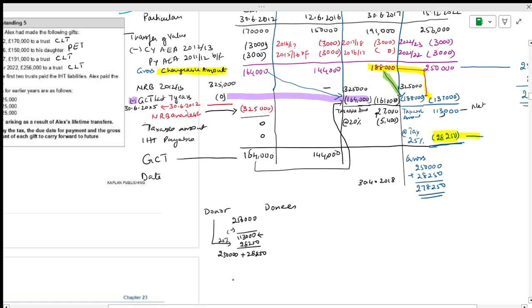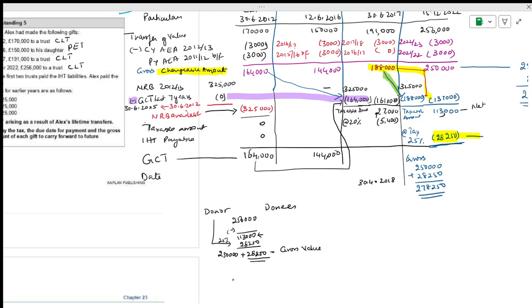So this is the total gross value which is being transferred. If the donor is paying the tax, then we will say that yes, you include the value. And compare this with the previous one.